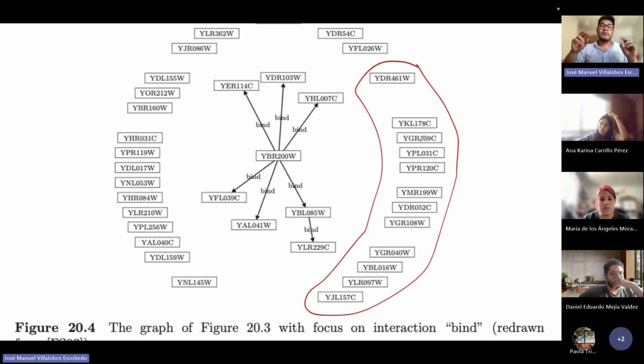That means that at least they are not connected by the thing that we are evaluating, you know? For example, here maybe they are connected by co-expression, but maybe they are not connected by having contact with another protein. So this is a layer of information. We can have other layers of information.